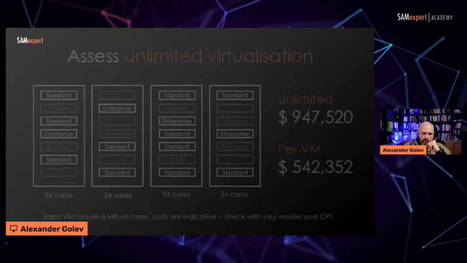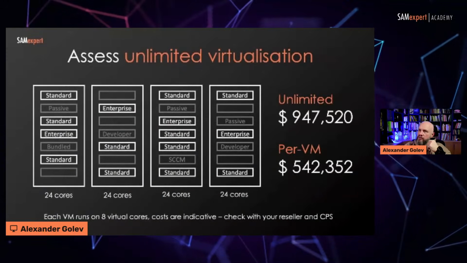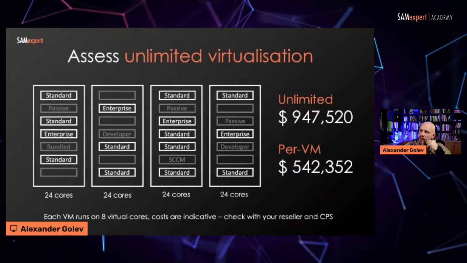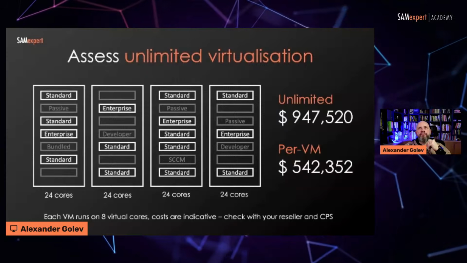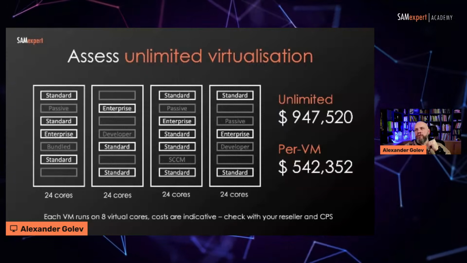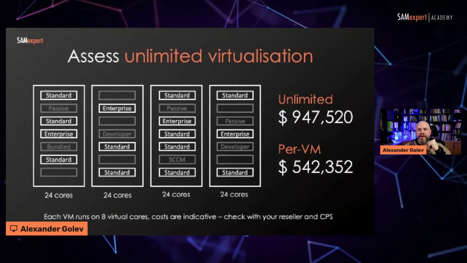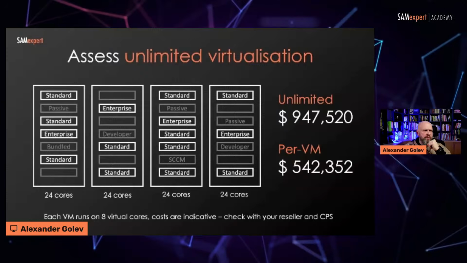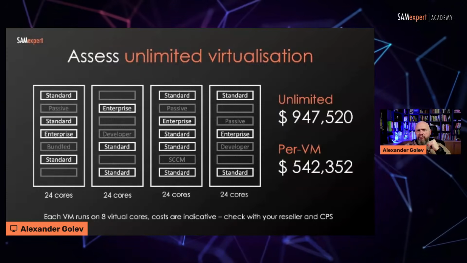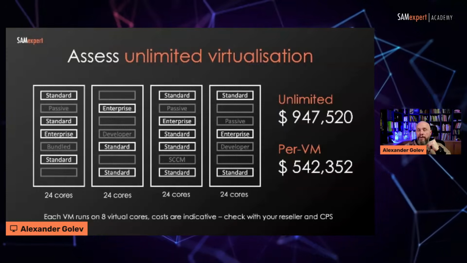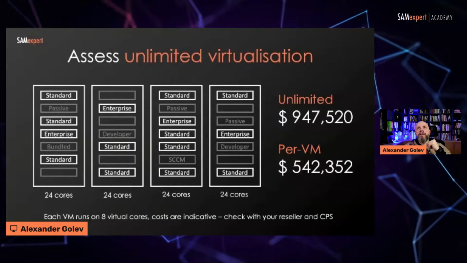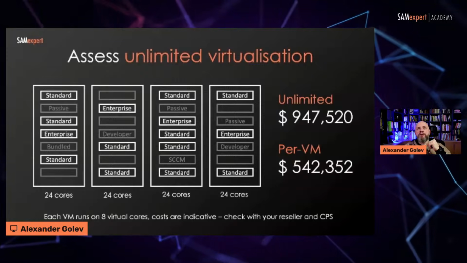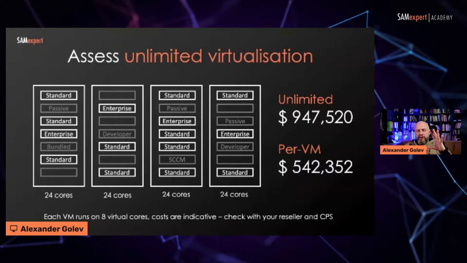I promised you to show you when unlimited virtualization doesn't work. So we have a cluster here with 4 nodes, 24 cores. These days it's a pretty weak server configuration, so nothing fancy. I mean, these days it's probably going to be like 32 cores and more. In this configuration, each virtual machine runs on 8 virtual cores, so I simplified it a little bit.